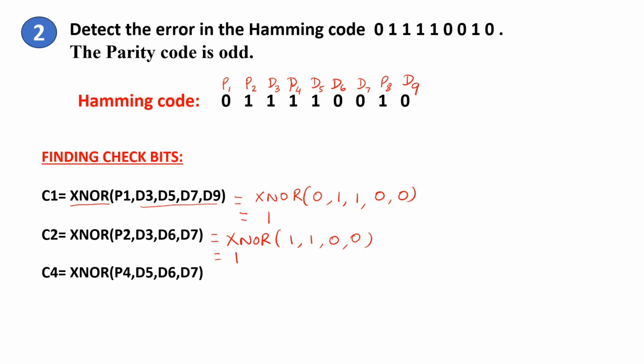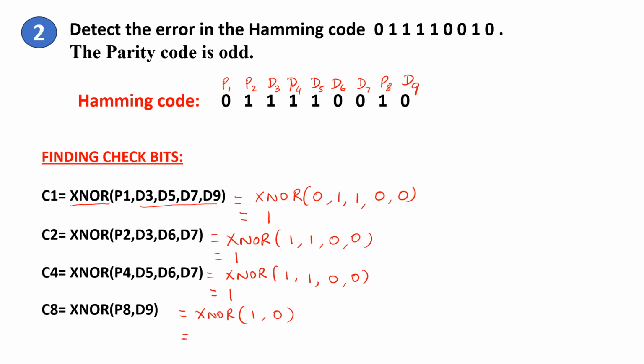Then C4 is equal to XNOR of P4 is 1, D5 is 1, D6 is 0, D7 is 0, even number of 1s, so output is 1. Next is C8. That is equal to XNOR of P8 is 1, then D9 is 0. So this is an odd number of 1s, so the output of XNOR is 0.